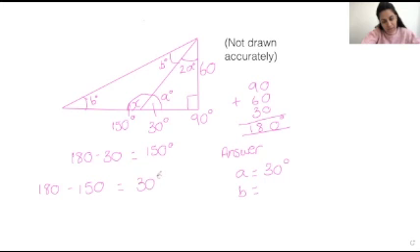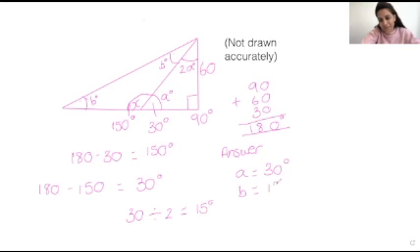With 30 degrees. Now we know that 30 degrees needs to be shared evenly between this angle over here and this angle over here. So what shall we do? We need to divide it by 2. So 30 divided by 2 equals 15 degrees.